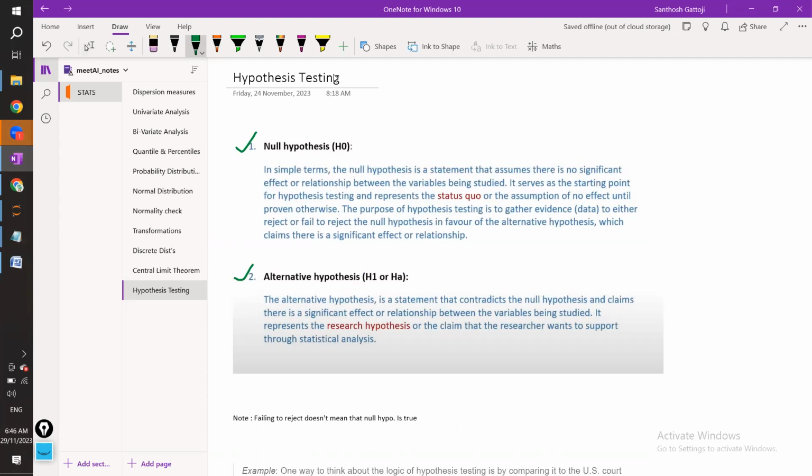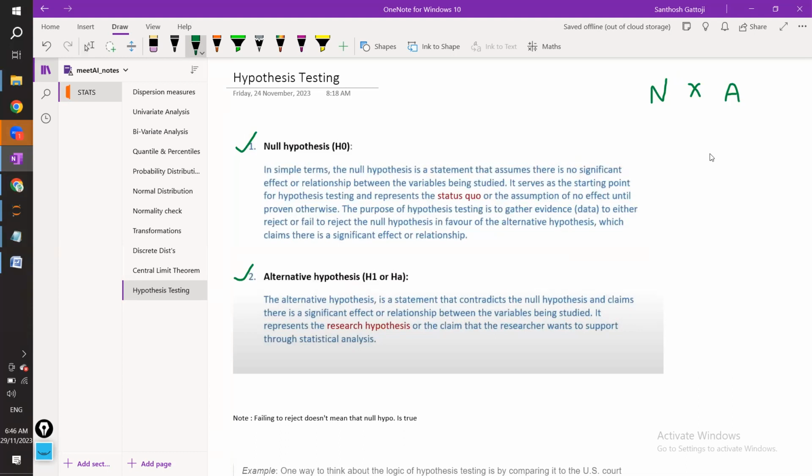Hypothesis testing is simply that you can make some hypothesis, but here we will create two hypotheses, one null and one alternate. In simple words, the null hypothesis and alternate hypothesis will always be opposite to each other, guys.